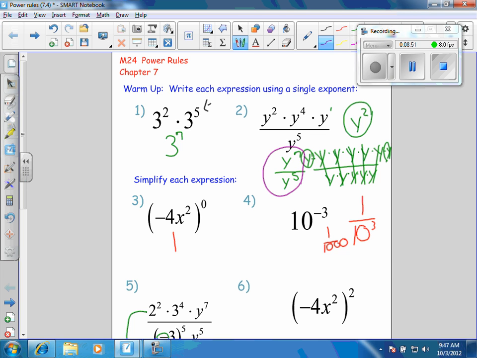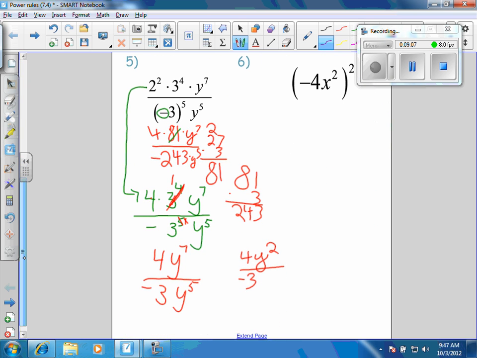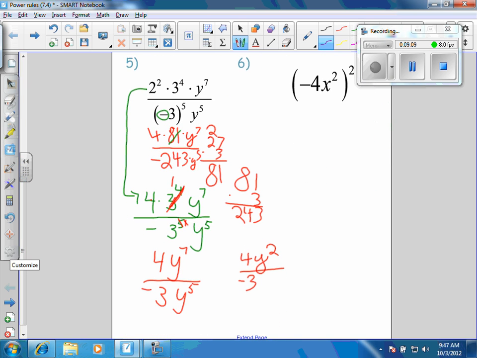And they were the same base, so she just subtracted the exponents to get y to the 2nd. Even though she didn't do it first, because you guys are still learning that, she worked them all out, and then we went, oh, we could have just subtracted exponents.